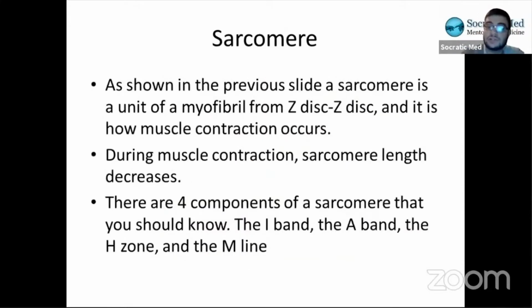There are four components of a sarcomere that you should know: the I band, the A band, the H zone, and the M line, as well as the Z line, right?